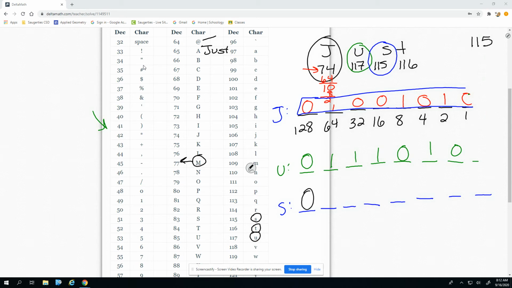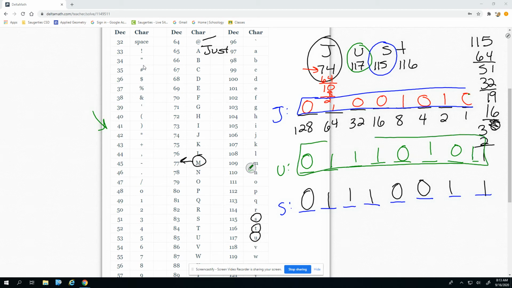So we have a 64. We have a 32. We have a 16. And we don't have an 8 or a 4, but we do have a 2 and a 1. So basically I'm just going to fill back in what was up here.